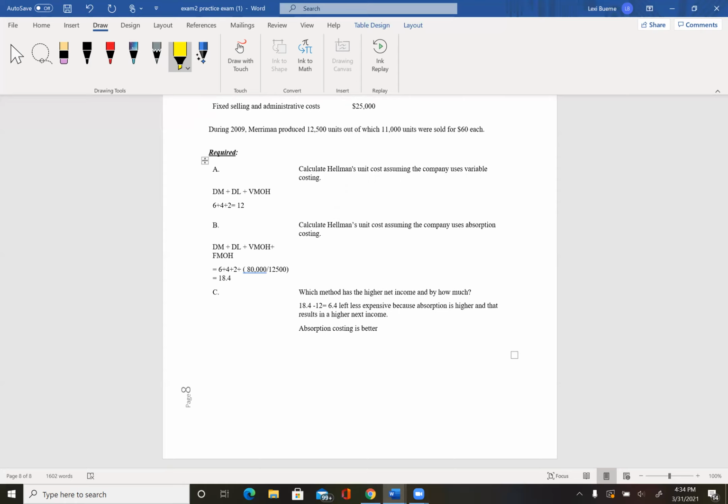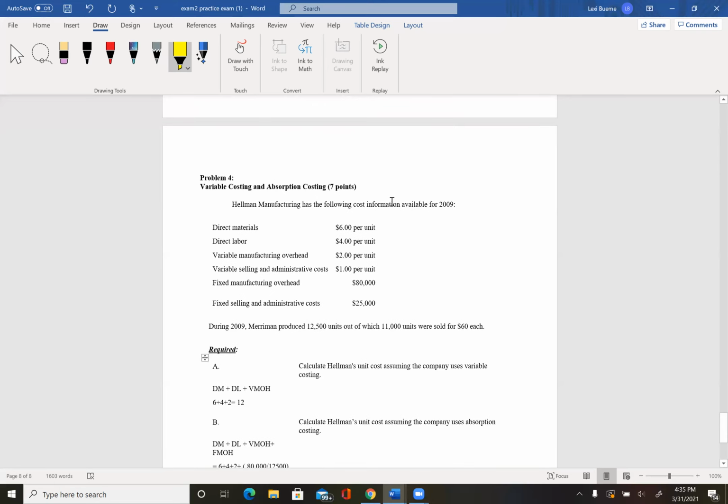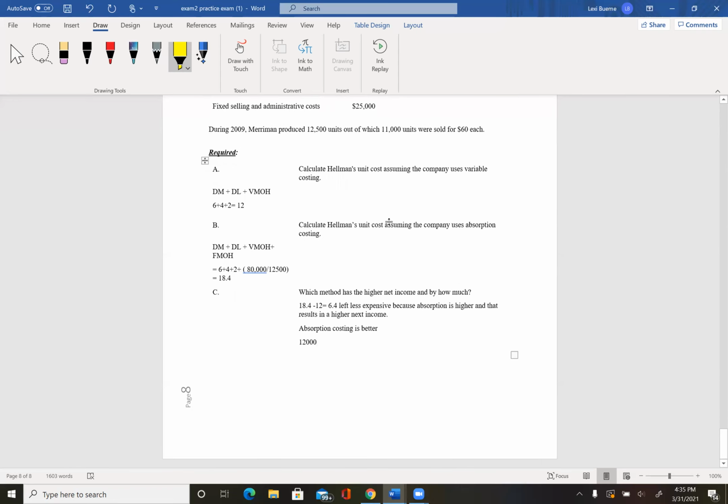And to find how much, you take the 12,500 from right here and you are going to subtract it by the 11,000 units.